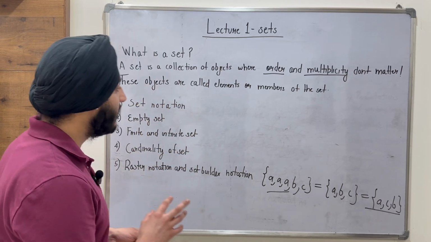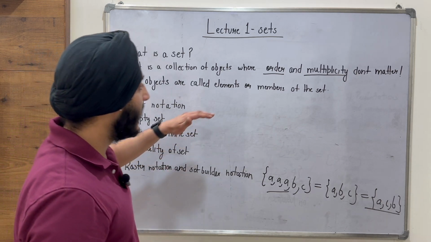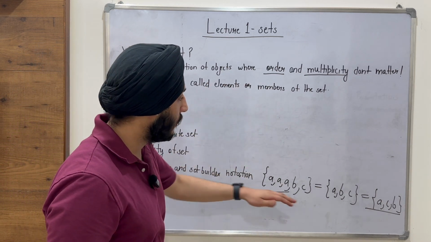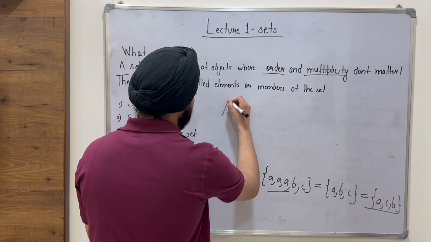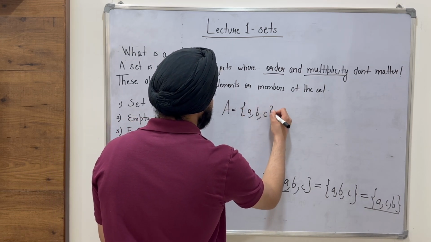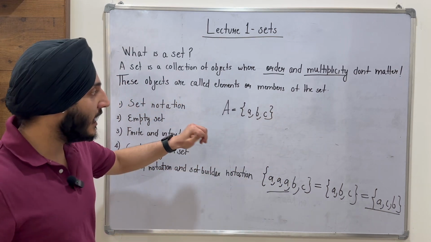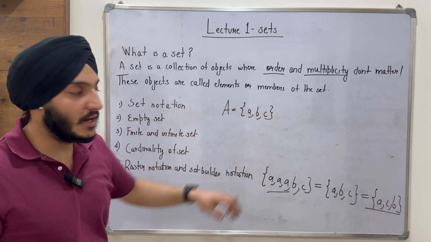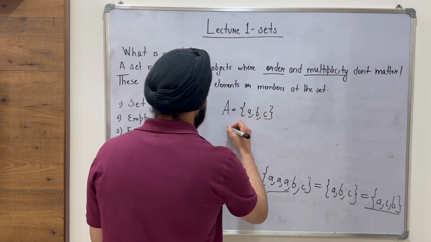I'll start with a very basic one. In order to say an element belongs to a set, for example, if I have the set A, which is equal to {a, b, c}, and in order to say that a is an element of the set, I use the following notation.